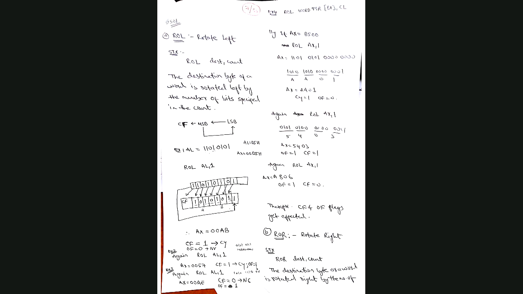What is this rotate left doing? This is the syntax for rotate left. You will have an instruction rotate, the destination operand, and the count operand. So the destination byte or word is rotated left by the number of bits specified in the count.